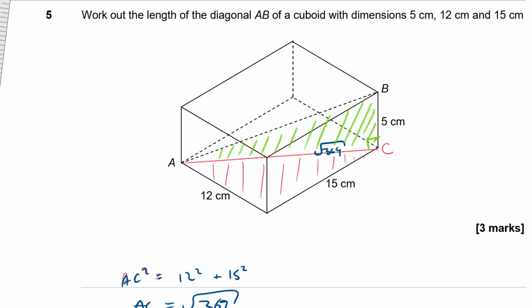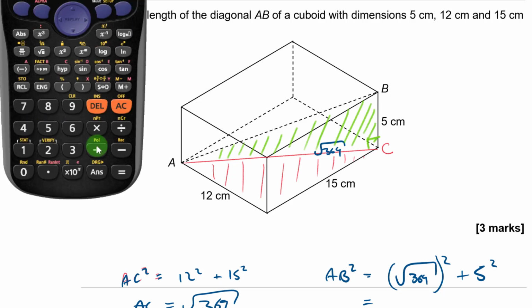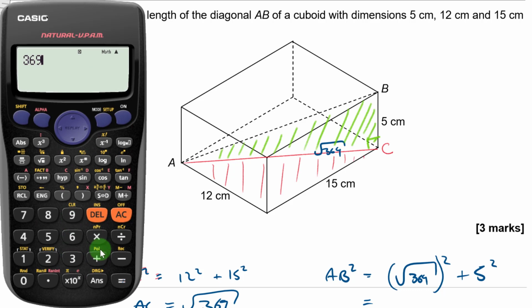So then the longer side, AB, I can find using Pythagoras' theorem again. AB squared is my root 369 squared, which is going to get rid of the square root, plus my 5 squared. The root of 369 squared is 369, and 5 squared is 25. 369 plus 25 is 394.